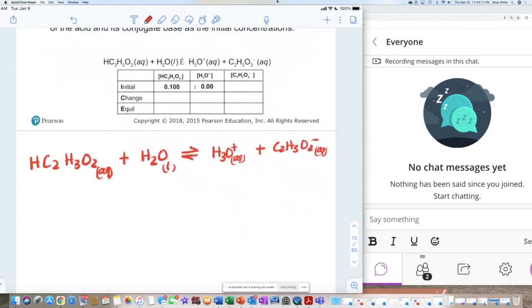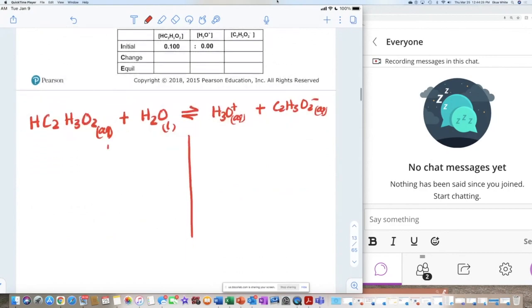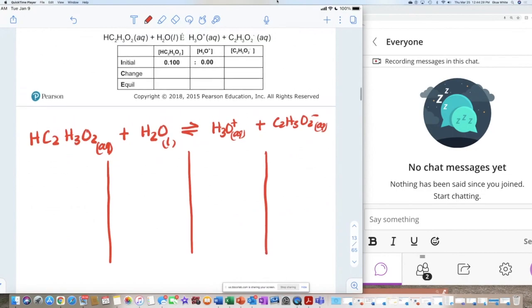Okay, so this is what we have. Let me start with my table. You're going to have initial, you're going to have change, you're going to have equilibrium amounts.